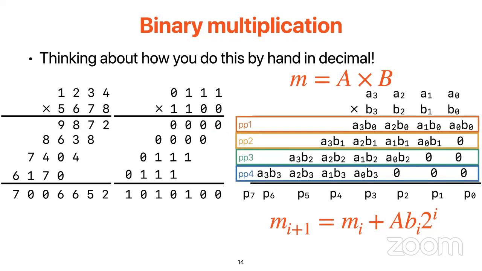M0 is basically 0, plus A times B0 times 2 to the 0, which is actually the PP1. And then in the second cycle, we are generating M2, which is the previous PP1 plus the PP2, right? So that's our goal.